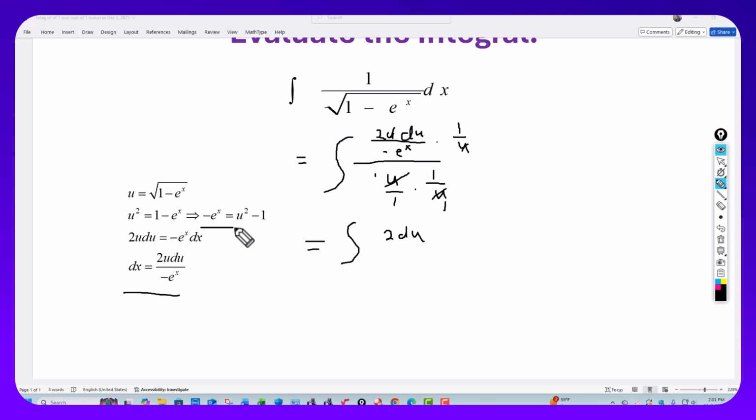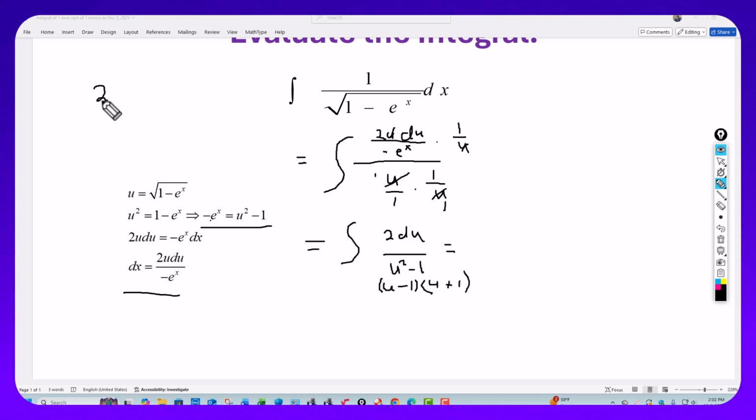Remember, we want it in terms of u. That's why I set this up. You could have solved this for e to the x and then made your adjustment there. Either way, it's going to work. So replacing the minus e to the x by u squared minus 1, you get this setup. This is now a partial fraction decomposition problem. This denominator factors into u minus 1, u plus 1.